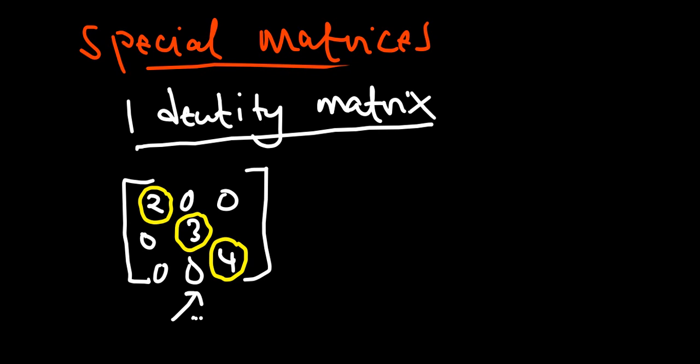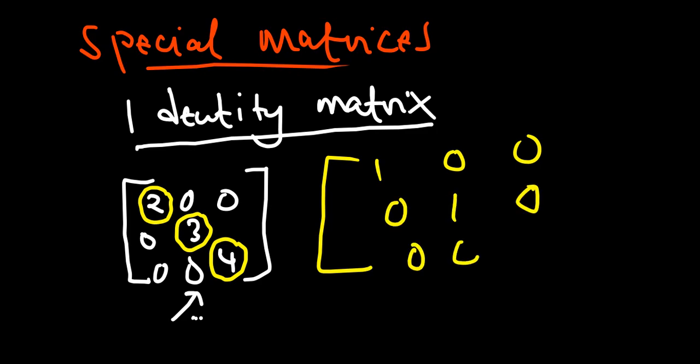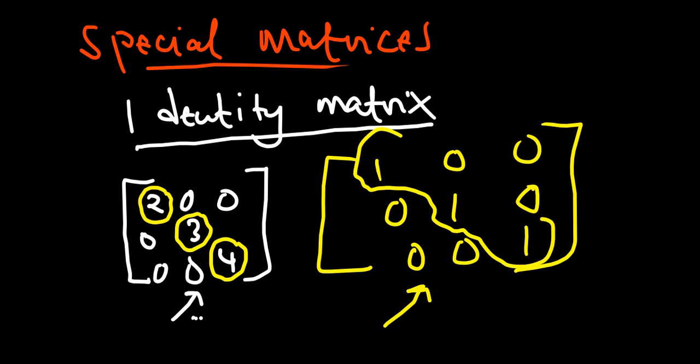So for example, we can write 1 0 0, 0 1 0, 0 0 1. This here will be called an identity matrix because all the entries in this diagonal are ones. It's a special type of diagonal matrix where all the entries in the diagonal are 1.